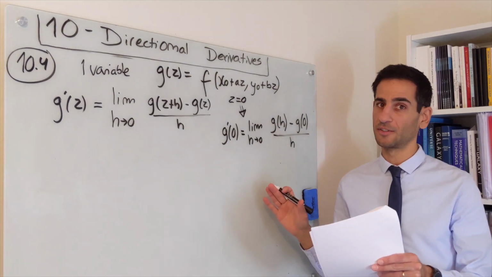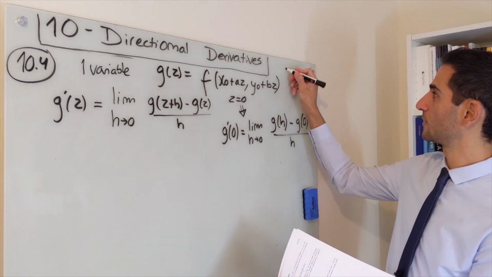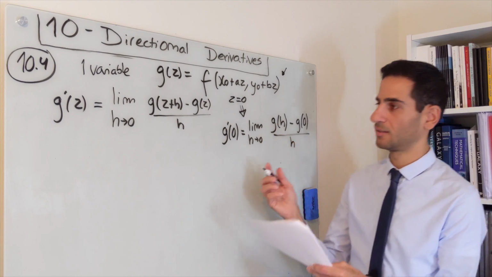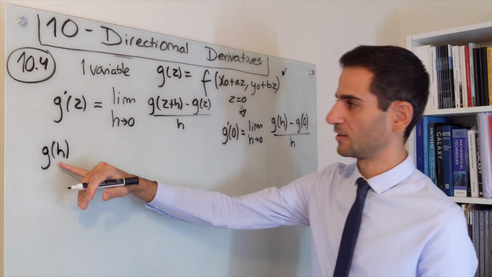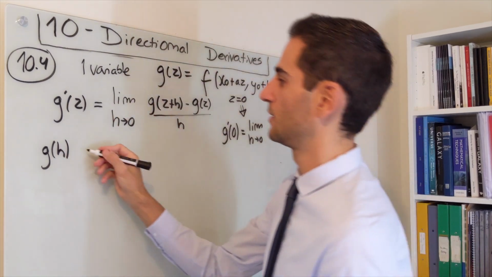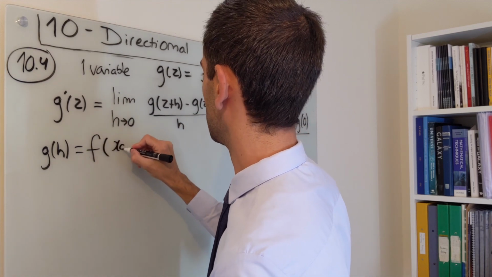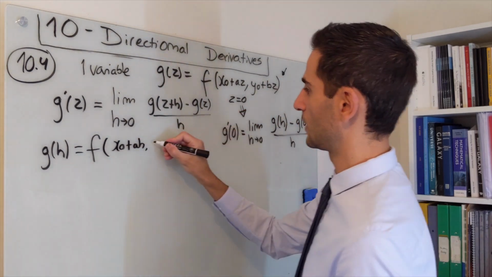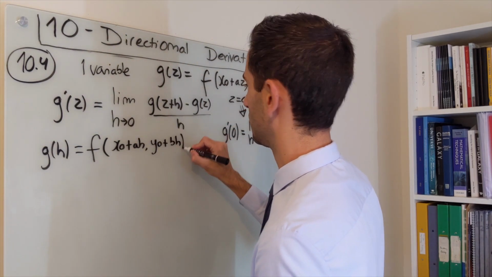Again, still very simple. Now, according to the definition, the first equation that we wrote, and also in your lecture notes, we can understand that g of h, when we plug in h, is the same as if you were plugging in z. This is the same as writing f of x0 plus a h, y0 plus b h.